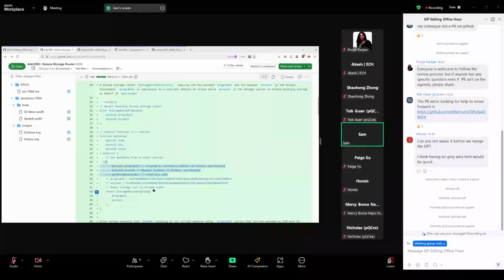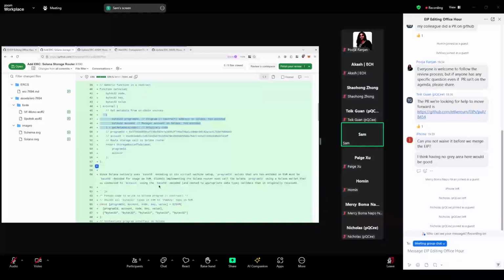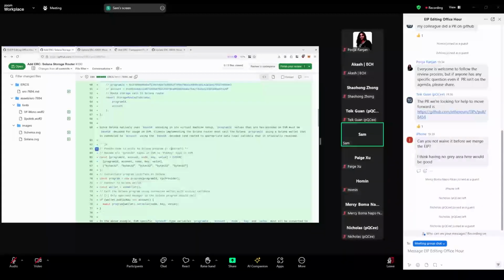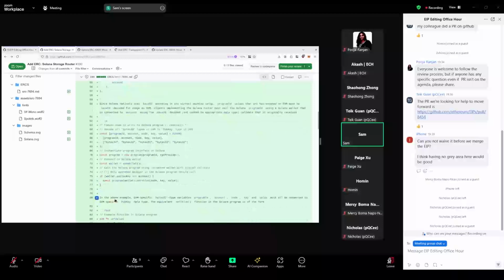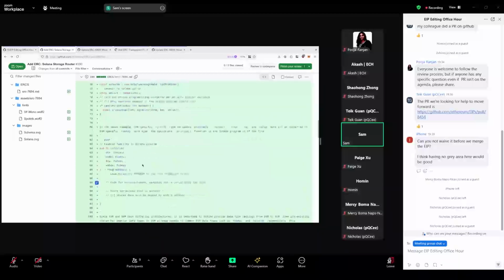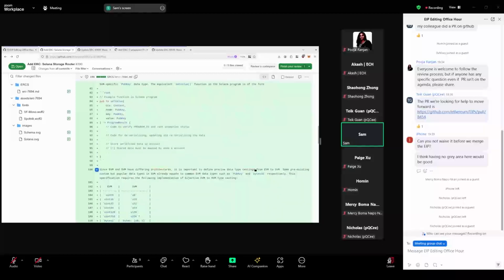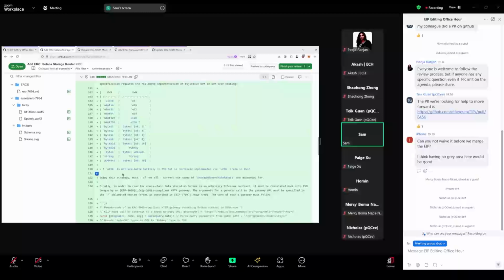Route storage call. Okay, I see. Since Solana natively uses, okay. Solana program ID is connected to the account using base 58. Okay. Above example must be converted to key. Okay. Fine. Yep. Okay, that's fine.